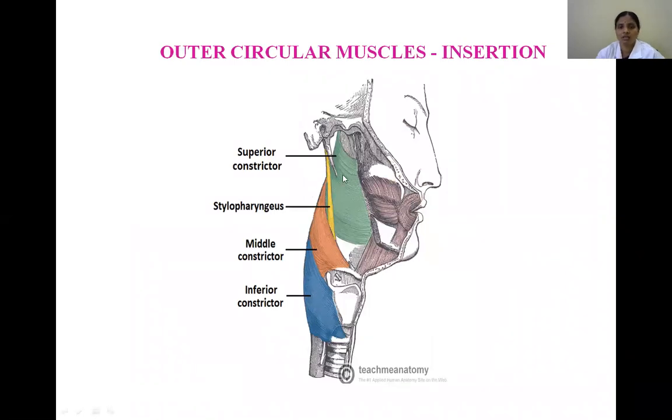The medial fibers are somewhat horizontal, going to the median raphe. Then the lowest fibers are inserted to the median raphe, and these fibers extend as far below as the level of the vocal cords or vocal folds.